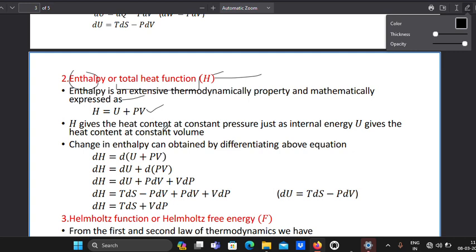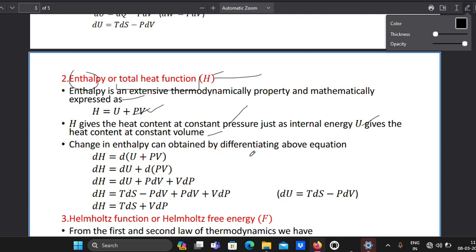H gives the heat content at constant pressure, just as internal energy U gives the heat content at constant volume.